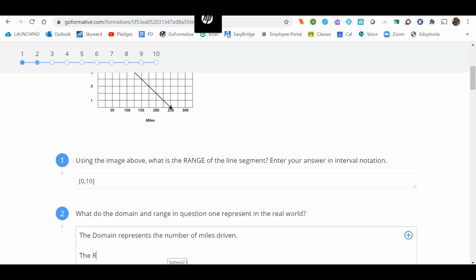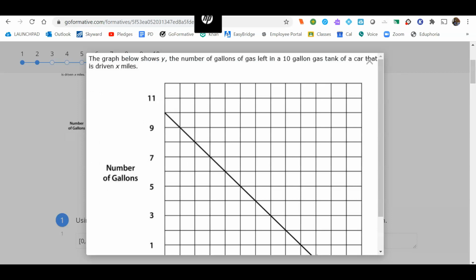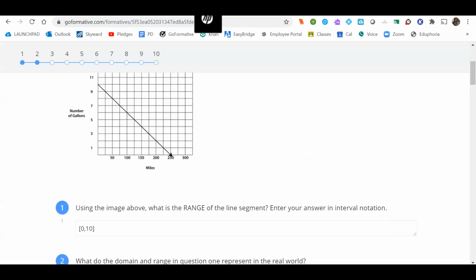What about the next one? The range represents, now Ms. Moreira, how would I find out what the range represents? By looking at this graph. You look at the words to the left of the y-axis. Because range is from bottom to top, I see that I have labeled on that y-axis number of gallons.